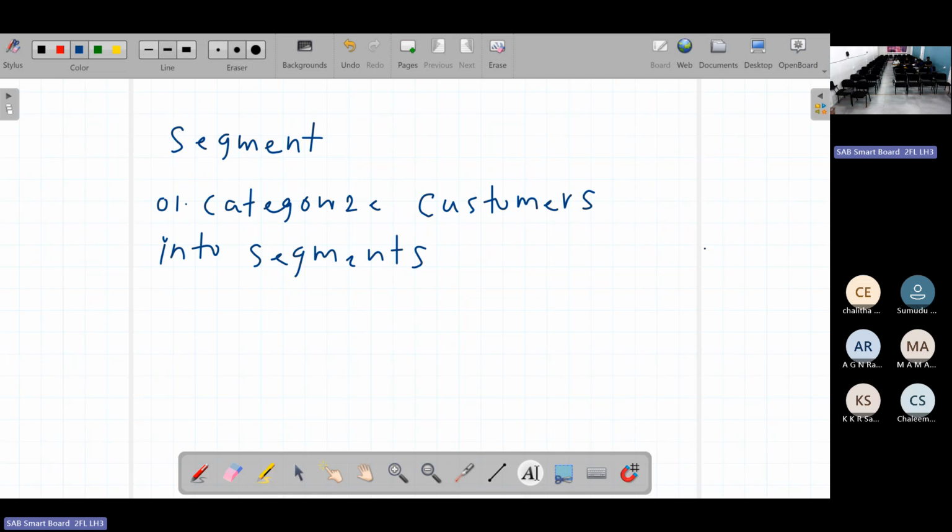Within the same company, same product, but they make some modifications depending on the type of the segment. Even gender-wise, we make differences. When it comes to clothing manufacturing companies, we do that. So that's what we call segment marketing. That means we identify differences of customers, categorize them based on that, then depending on that category, we do some modifications to the product.